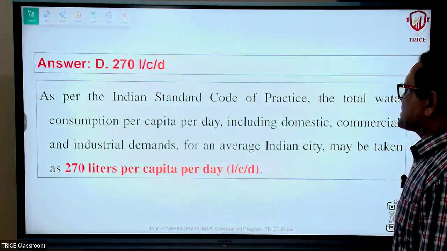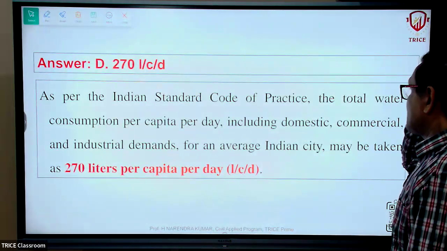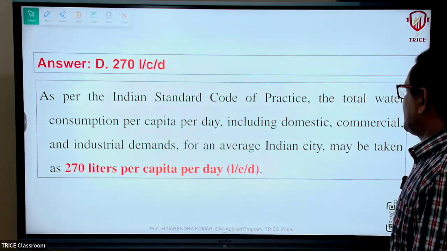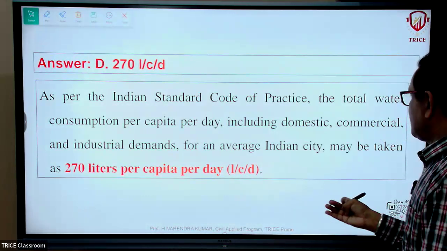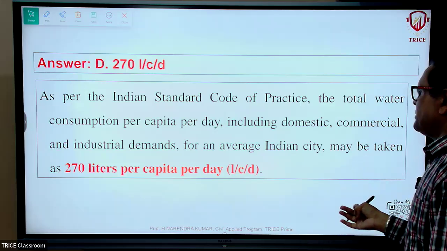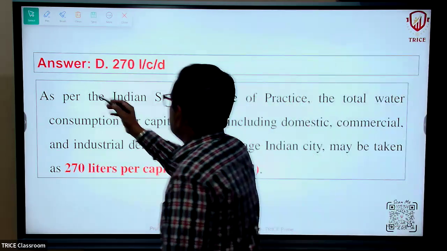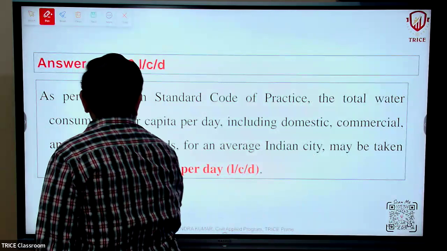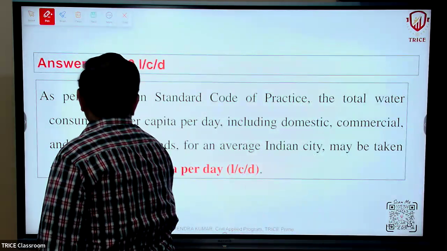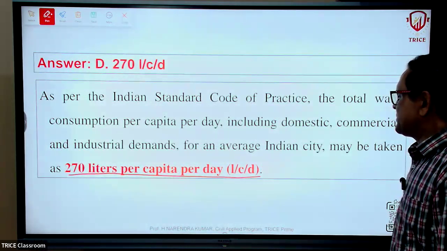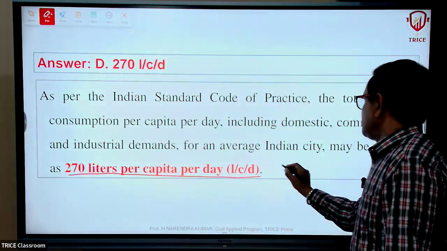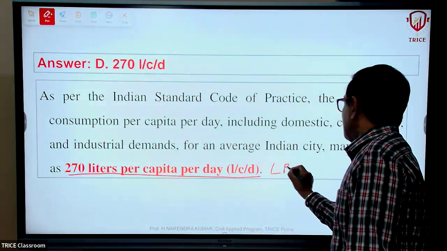As per the Indian Standard Code of Practice, the total water consumption per capita per day, including domestic, commercial and industrial, for an average Indian city may be taken as 270 liters per capita per day. We say LPCD or liters per capita per day.